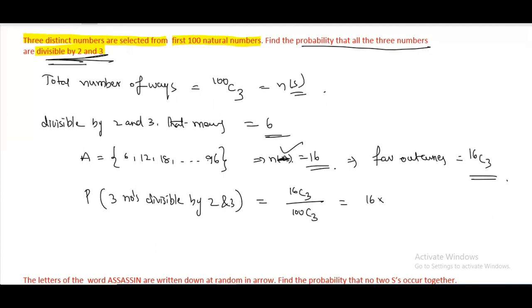So 16 into 15 into 14 divided by 100 into 99 into 98, and 3 into 2 into 1 is cancelled.